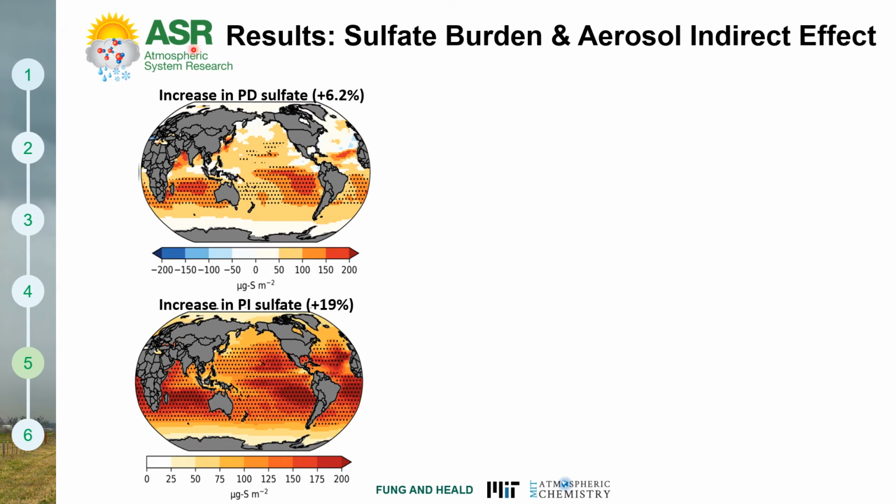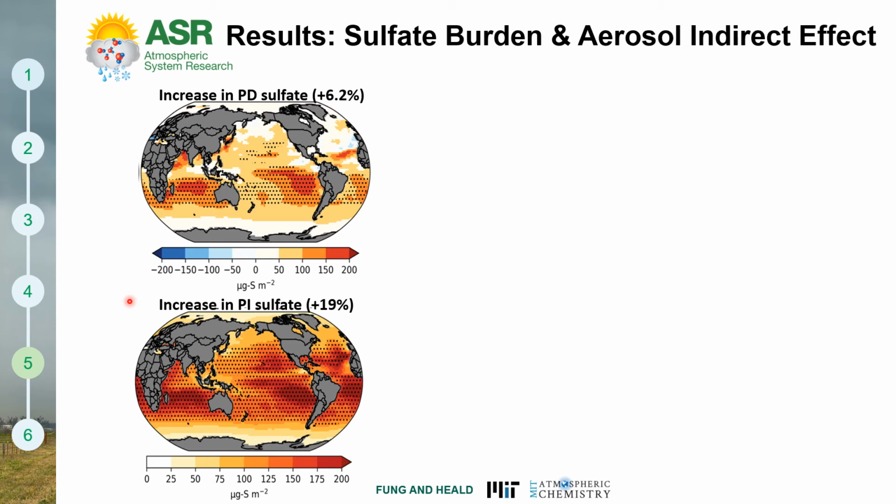You can see that there's about a 6% increase in present day sulfate, but an even larger impact on the pre-industrial sulfate, which increases by about 19%. Of course, in the pre-industrial we have a much cleaner atmosphere, so that changes the relative branching and the relative oxidation of DMS by different oxidants, and in particular, things like isomerization can become even more important.